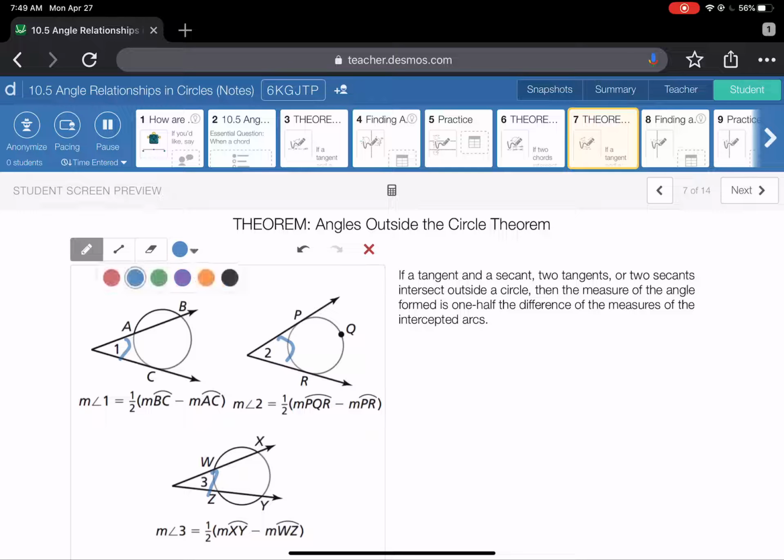So to find the measure of these angles, we multiply by 1/2 the difference.